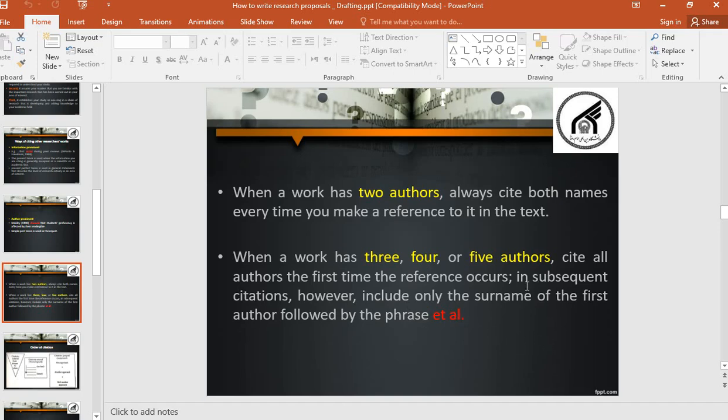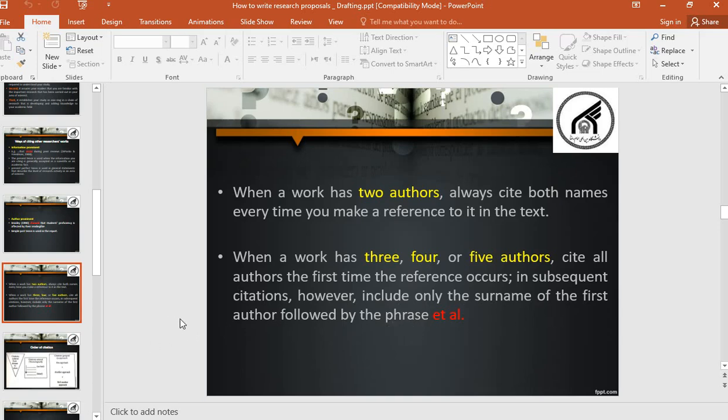So if a research has been done by more than two authors, the first time you cite them, you have to cite the names of all of the authors, but in subsequent citations, you just need to include the surname of the first author followed by the phrase et al.